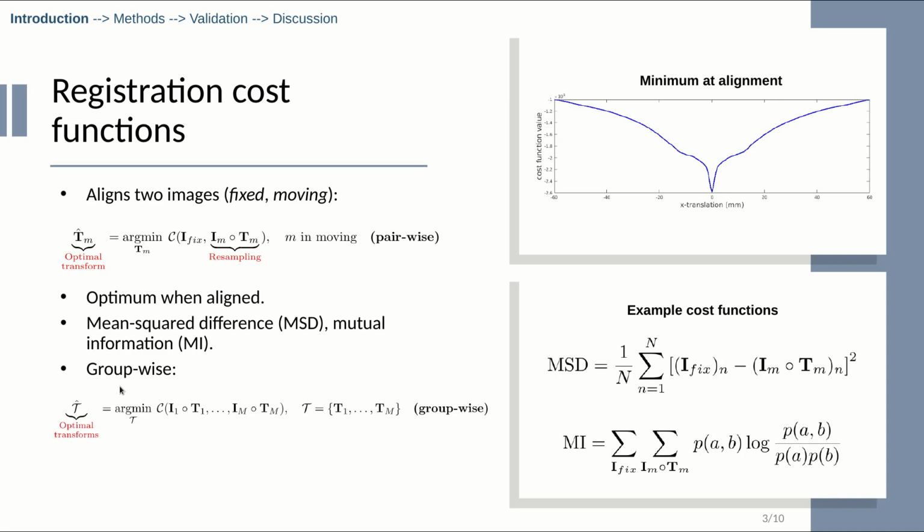A cost function can also be defined in a groupwise setting. This means that the cost is taken across capital M images or channels, in the case of medical images of the same patient, say. Here, all the transformations are optimized at once.